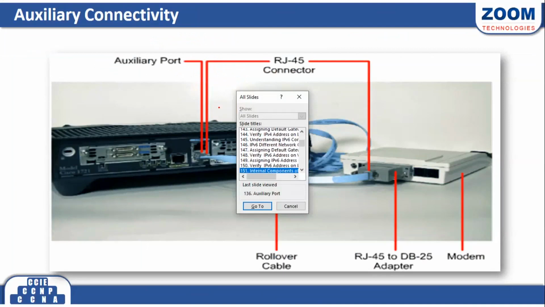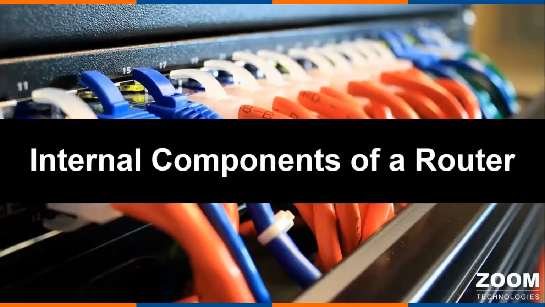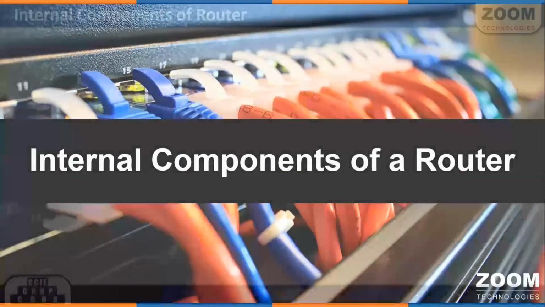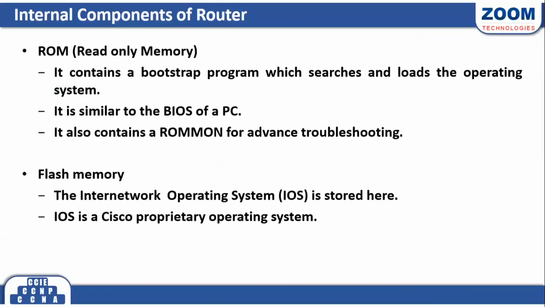Internal components of a router. ROM, flash memory. ROM contains the bootstrap program, which is similar to the BIOS of your computer. In flash memory, IOS is stored, that is Cisco proprietary.